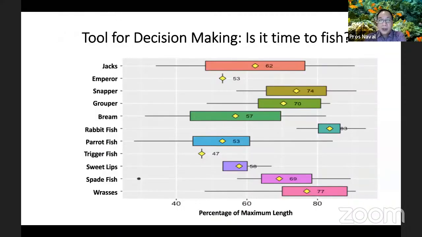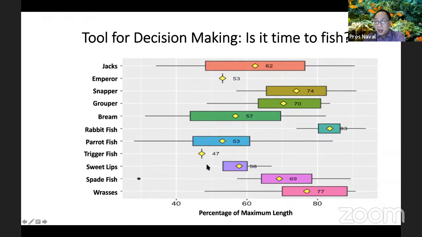Then the software system can assist decision makers in answering questions like, is it time to fish at this particular time? So if your data, for example, is the following, then it tells you a lot.